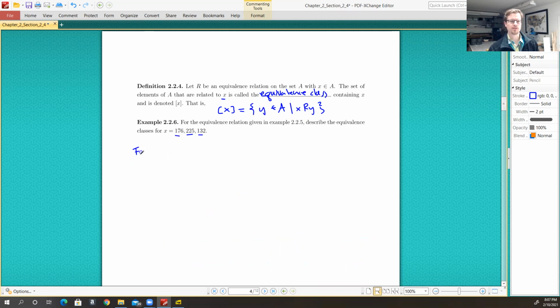So let's go ahead and do that. For X equal to 176, we want to describe all of the numbers that are related to 176. So it's all of the numbers that have the same largest prime divisor. The first thing that we want to notice is that 176 is equal to 2 to the 4th times 11. So 11 is the largest prime divisor.